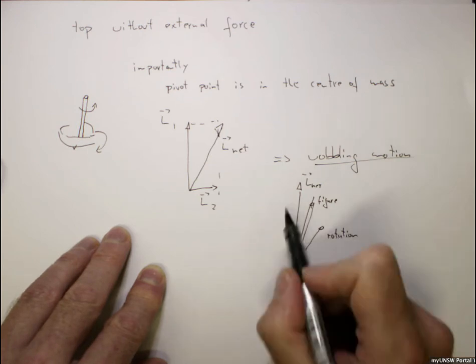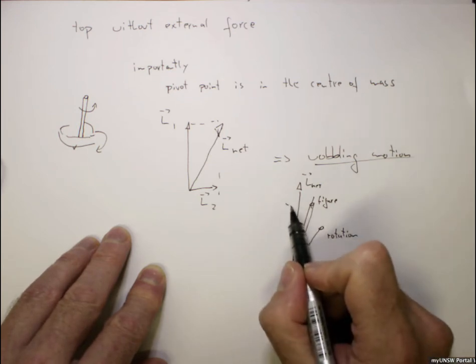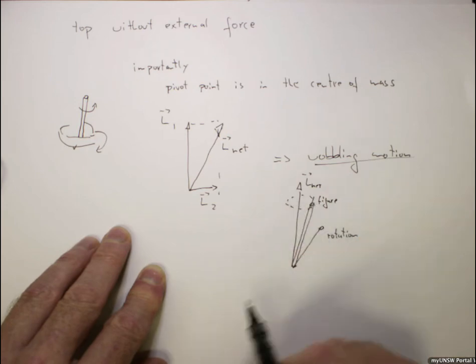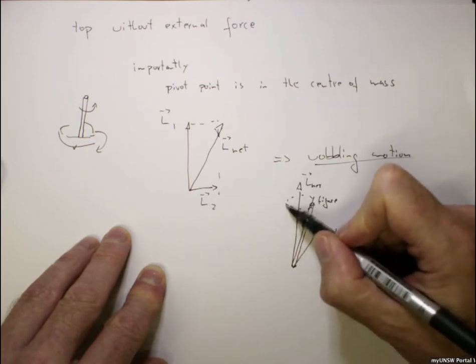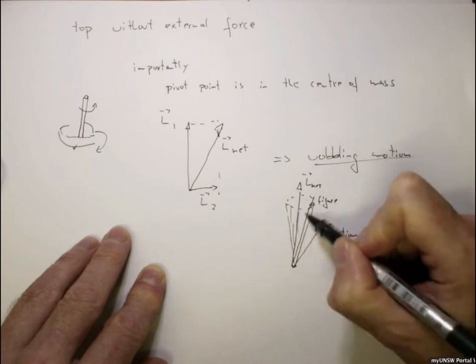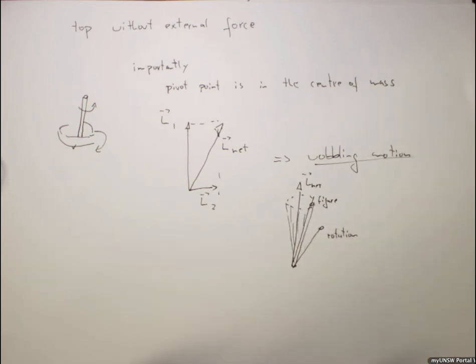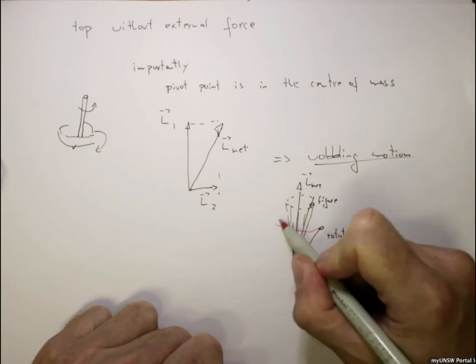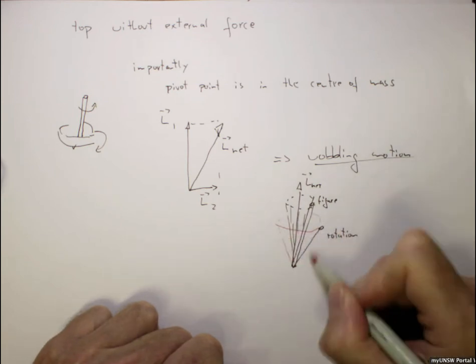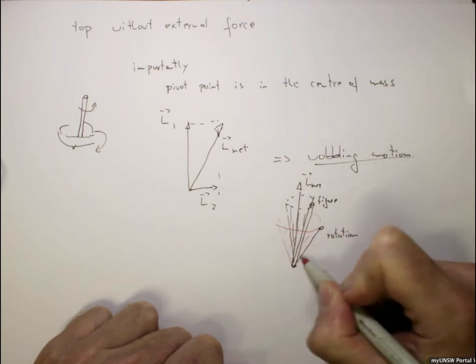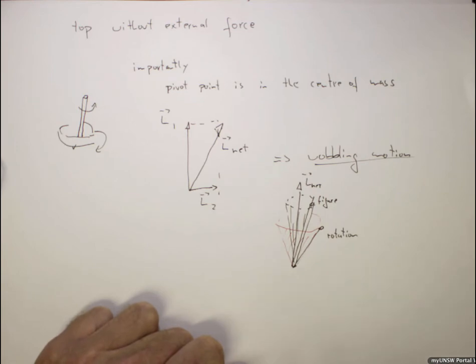In order for this to happen, we have to have a precession motion. The figure axis precesses about the angular momentum vector on one cone, and the rotation axis precesses about the constant angular momentum vector on a different cone.